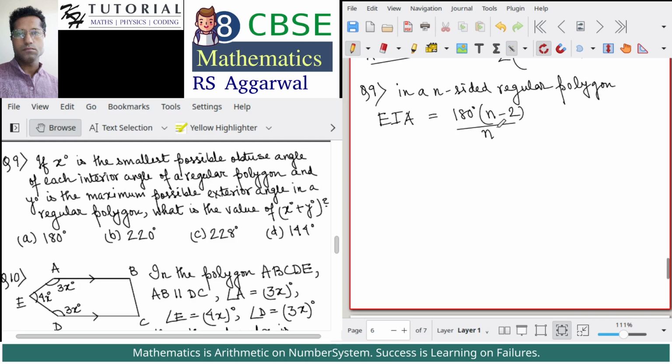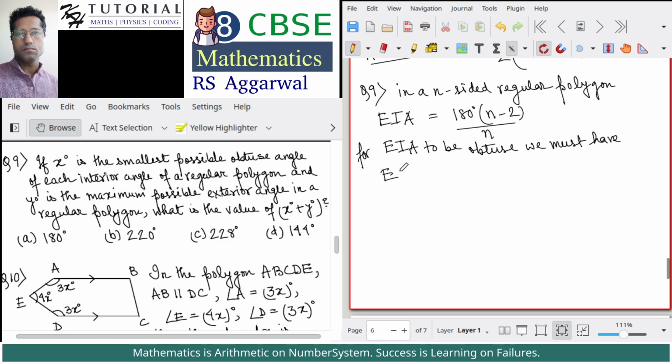So for each interior angle to be obtuse, its value should be greater than 90 degree.